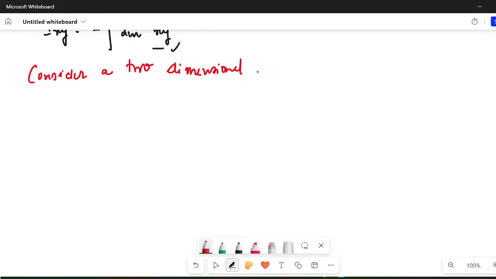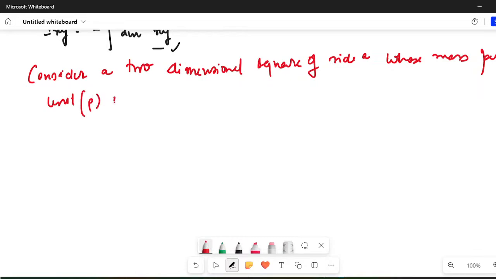Consider a two-dimensional square of side A, and for simplicity, whose mass per unit area, let us say it is rho, is constant. So let us say that the mass per unit area is constant.